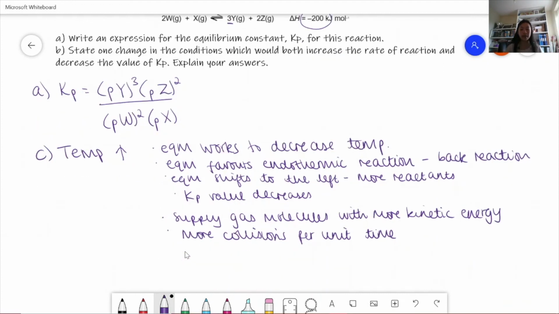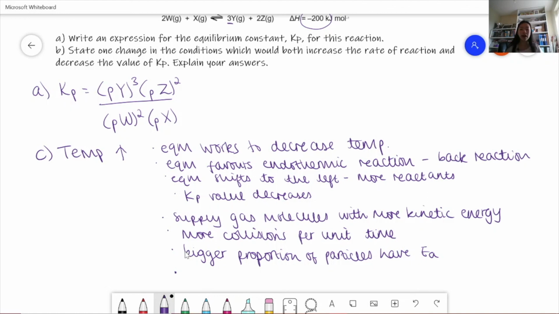And this also means that a bigger proportion of the particles will have the activation energy needed for a successful collision, so to react. So a bigger proportion of particles have the activation energy, or an energy bigger than the activation energy, so they can successfully react.